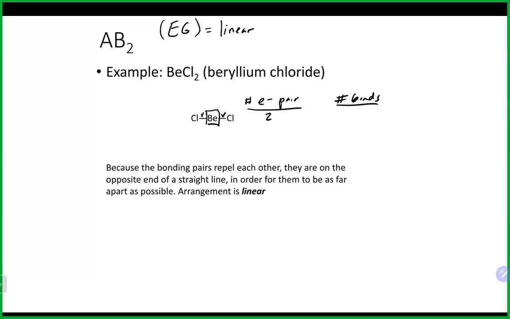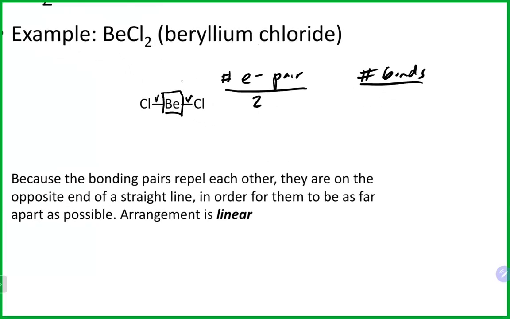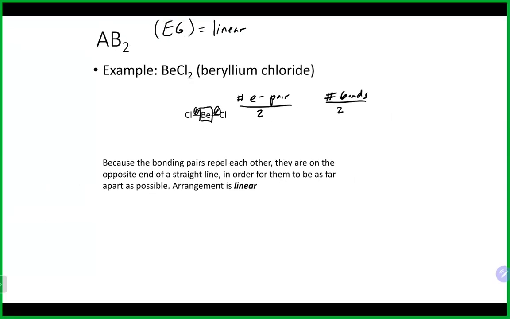The number of bonds in this particular case is 1 and 2, so 2 bonds. When we have something with two electron pairs and also two bonds, the molecular geometry is also going to be linear, about 180 degrees between them. Why is the name the same?